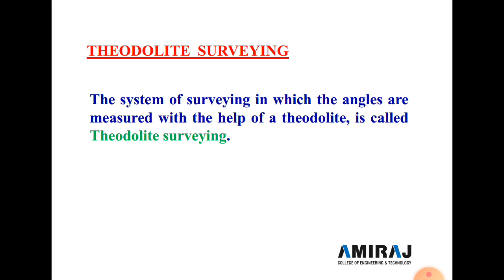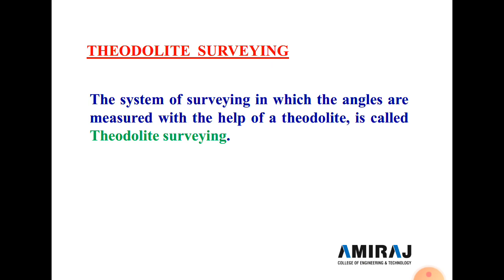In theodolite survey, here is an introduction about the theodolite. The system of surveying in which the angles are measured with the help of the theodolite is called a theodolite traverse. All of you know about the traverse. A traverse is a type of joining of lines between different points, and there are two types of traverse: open traverse and closed traverse.